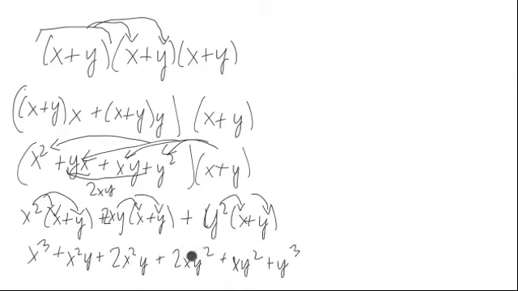Notice that every single term that we have from this distributing comes from one thing in the first term, times one thing from the second term, times one thing from the third term.